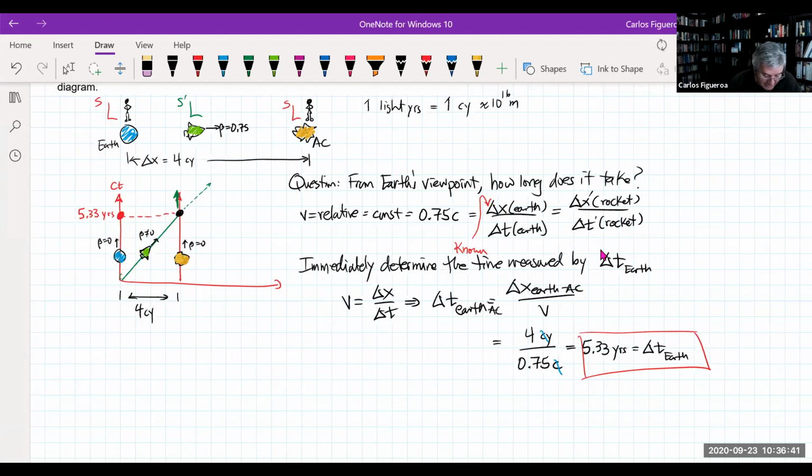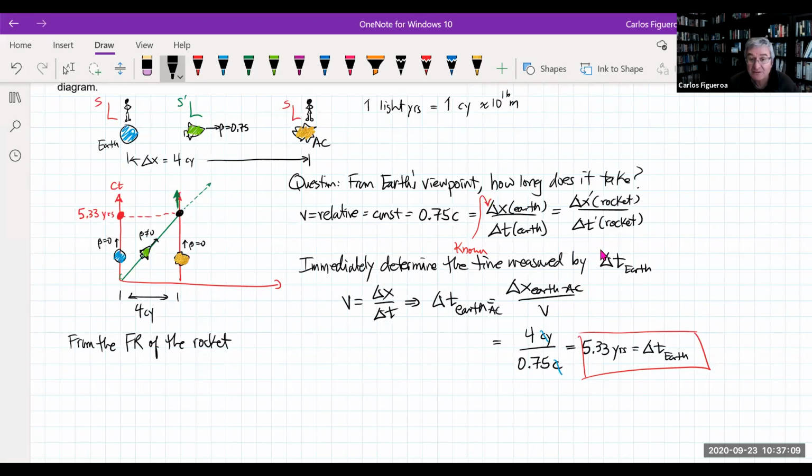So that being the case, what I can do is come in and say the exact same thing if I look at this from the frame of reference of the rocket.